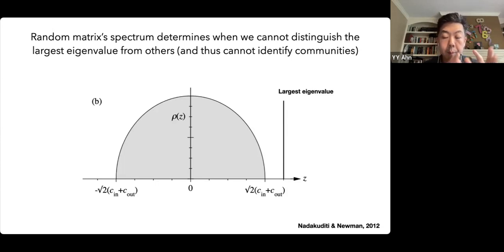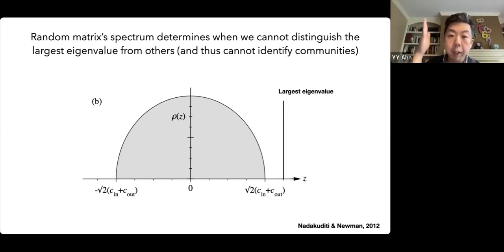So it basically translates to a relation between the largest eigenvalue of the Laplacian and all the other eigenvalues. This other eigenvalue spectrum has some width because of the inherent fluctuation in the random matrix.